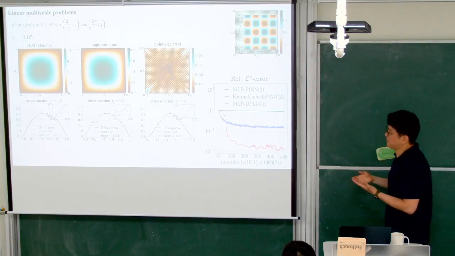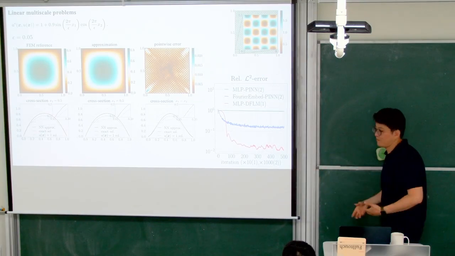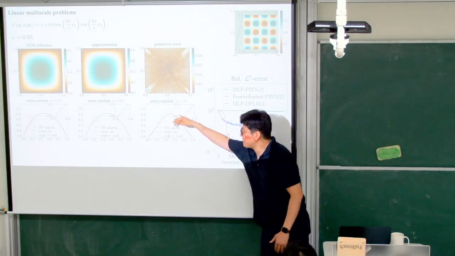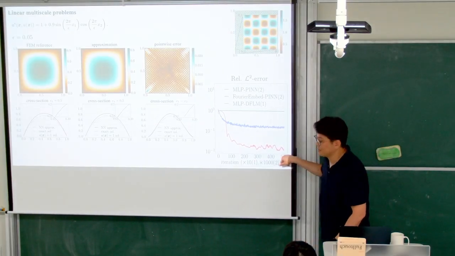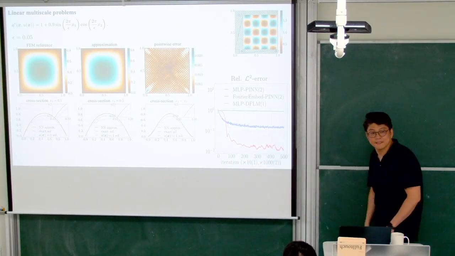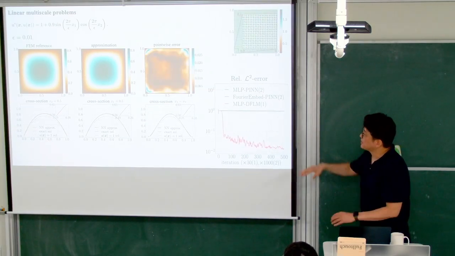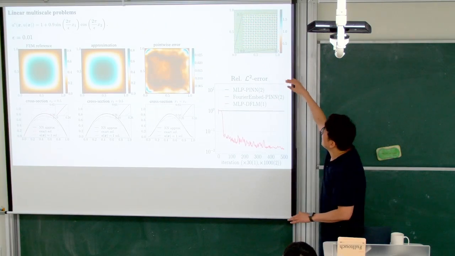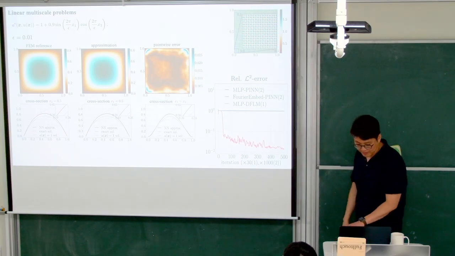But our method, using a standard multilayer perceptron, finds the microscopic behavior very easily. And here I want to emphasize that the iteration is different. The scale is different. Our method takes just 10 times the exercise. Even in the more complicated setting of more highly oscillating coefficients, our method works well.